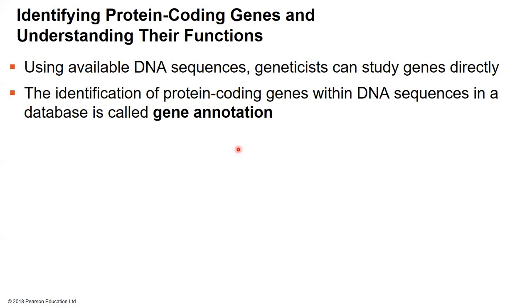So, databases. In the previous lecture, we discussed the strategies used to sequence genomes. We also discussed how the Human Genome Project required innovations in sequencing techniques, in computer hardware and software.